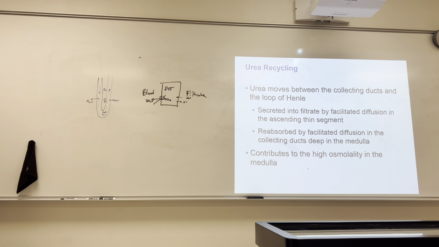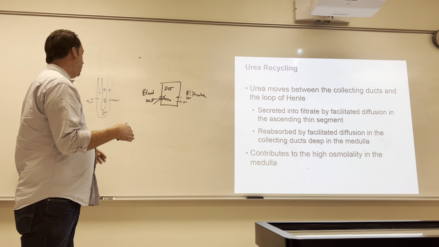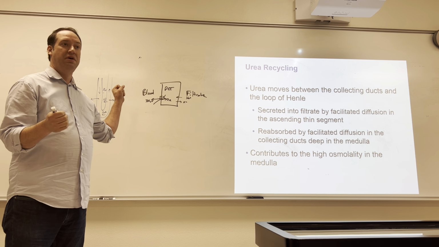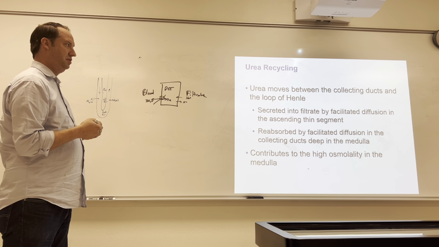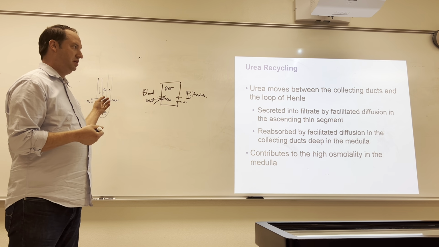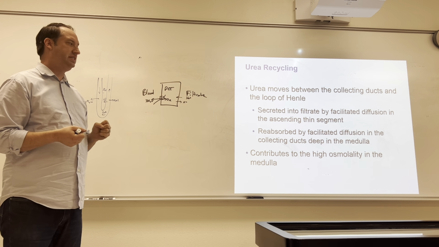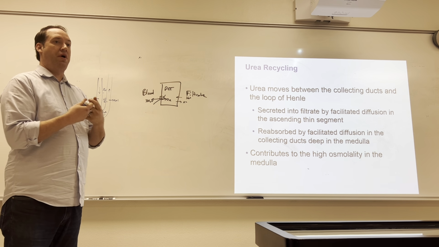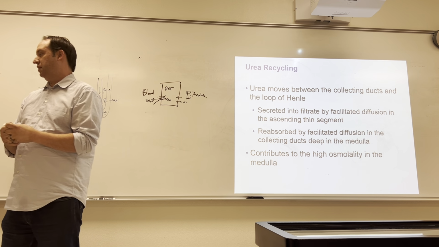Urea is also going to move here, and urea is going to help with that concentration gradient. So it's going to help pull water out of that descending limb, so that water comes out and then that lets sodium come out on the other side.